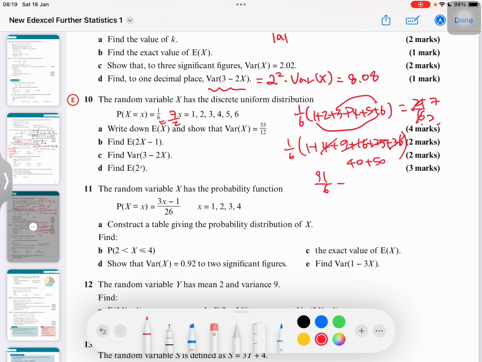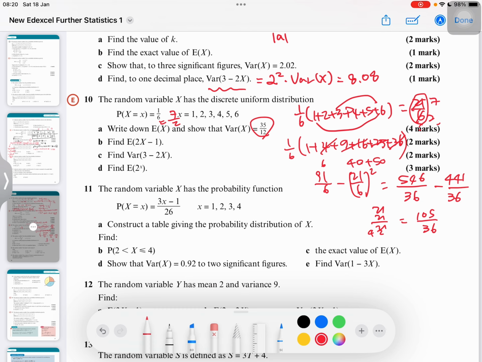Minus the square of the expectation, 91 over 6 minus (7 over 2) squared. So 91 over 6 minus 49 over 4, which gives 35 over 12.